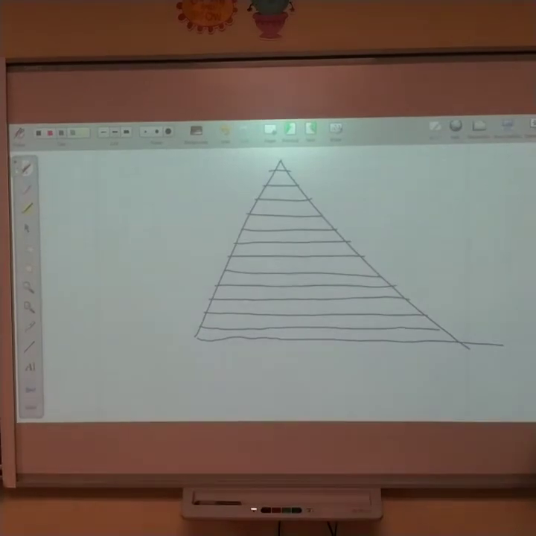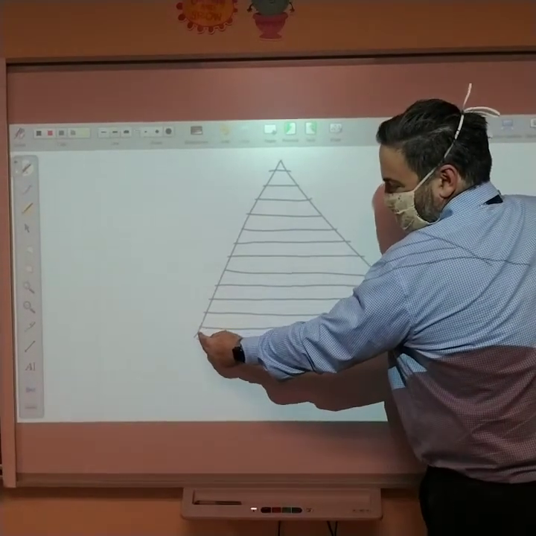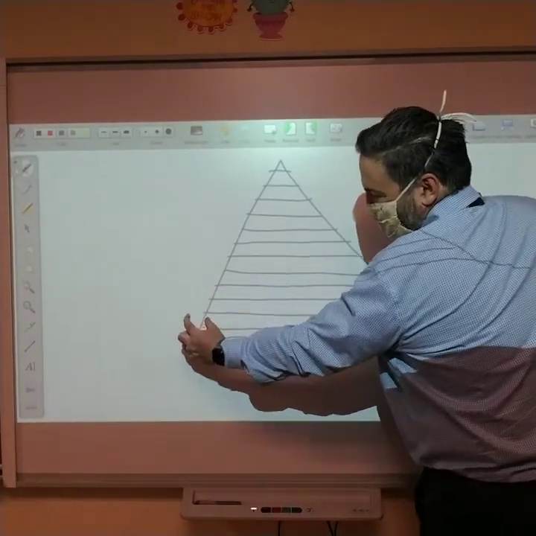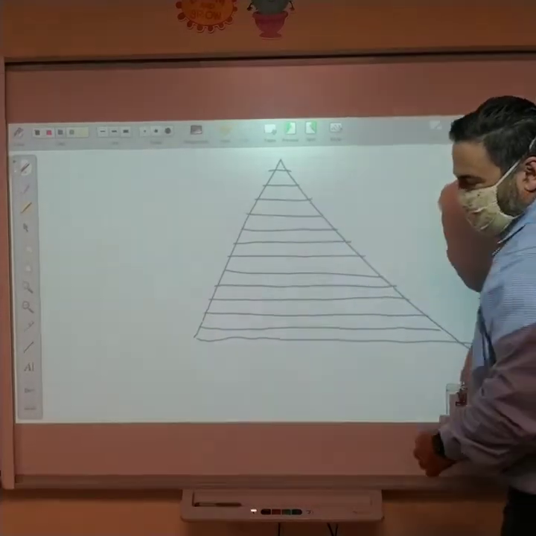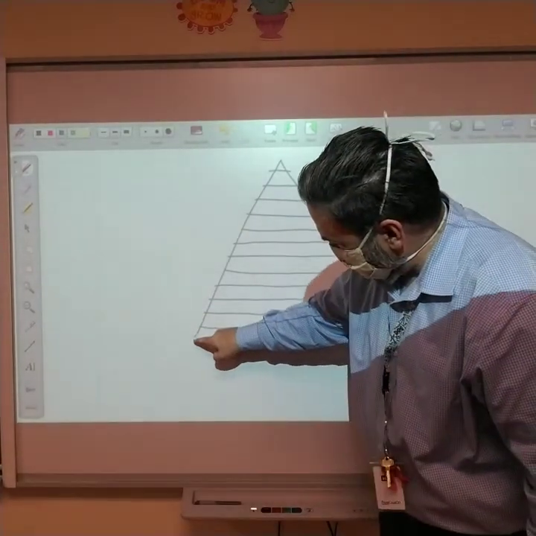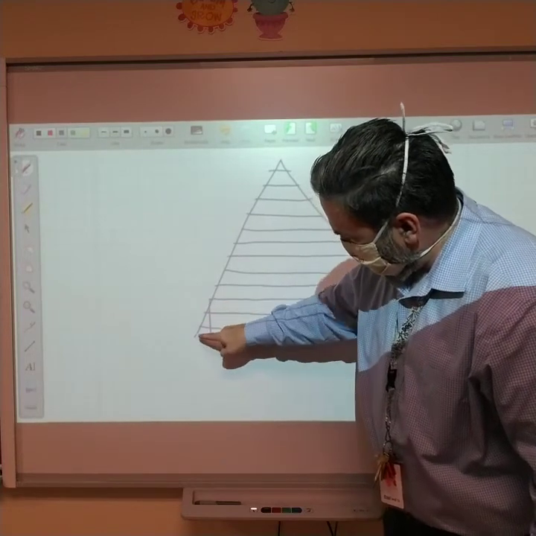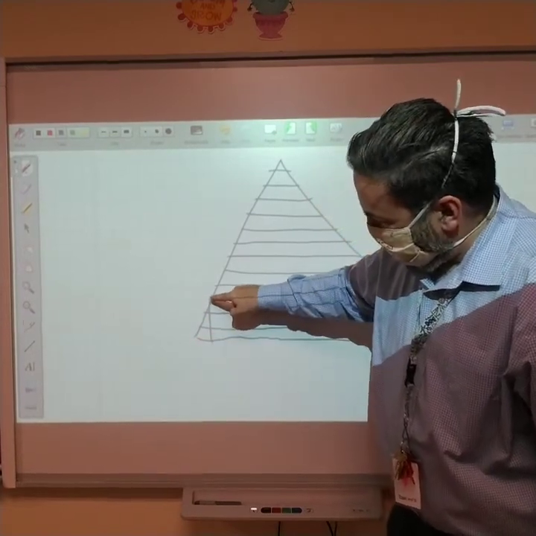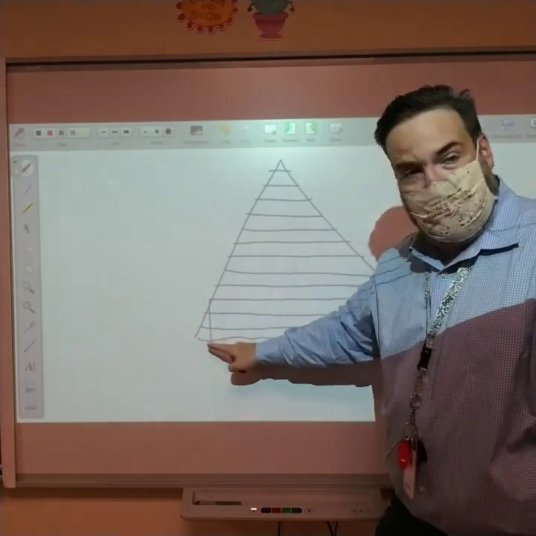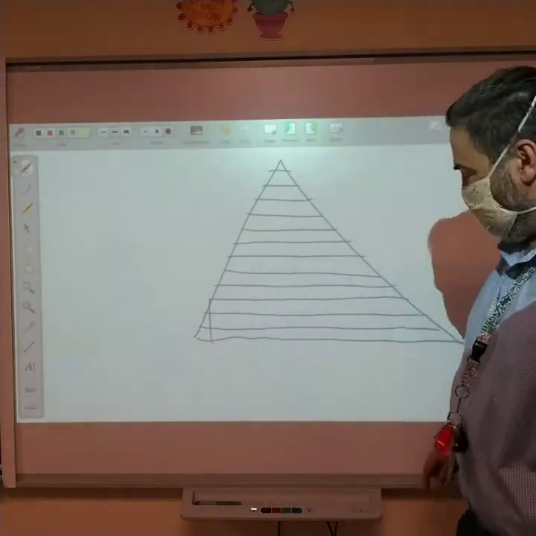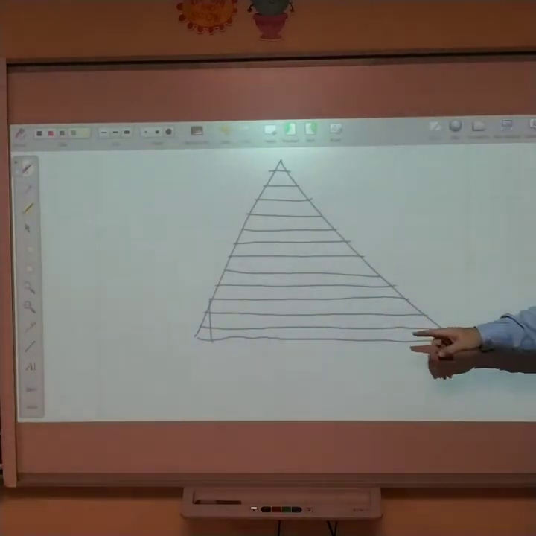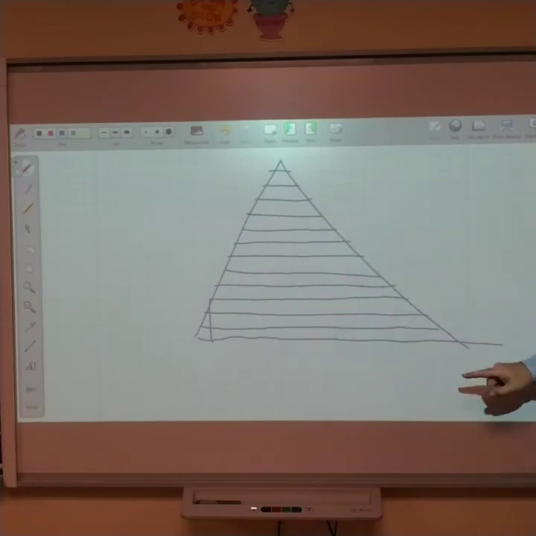Okay? If you were standing over here, there's not a lot of horizontal distance. In fact, from here to here, you're going to go up 3 blocks before you go over 1 block horizontally. So that's a lot of rise and a little bit of run.